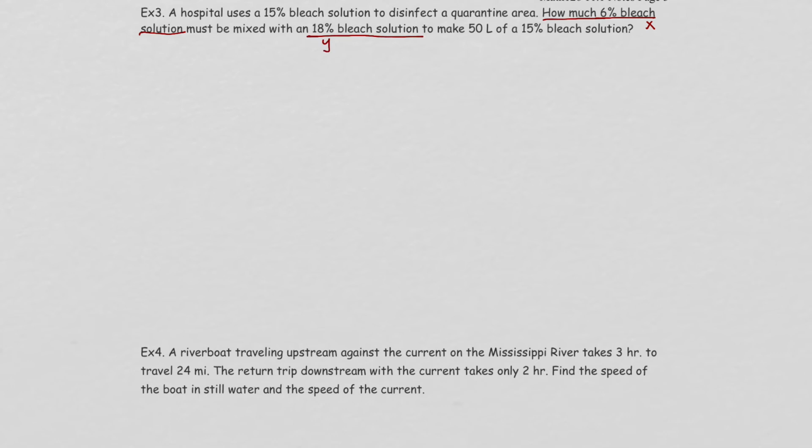So with that, I'm going to use the variables, and I know what I'm looking for. Now I'm trying to figure out what other information I have, and I will use variables x and y to write down all that information. Look like I have 6% bleach solution and 18% bleach solution to create 15% bleach solution, right?